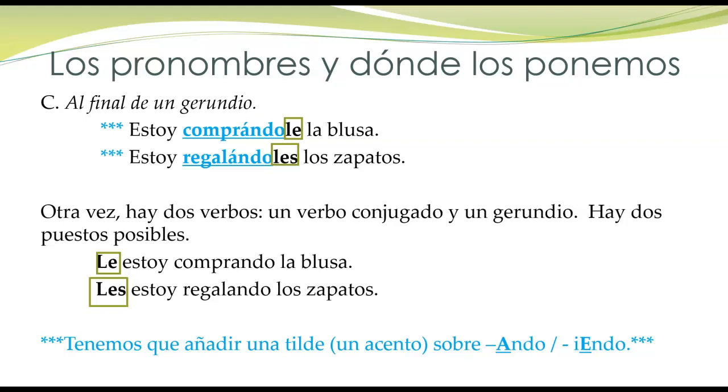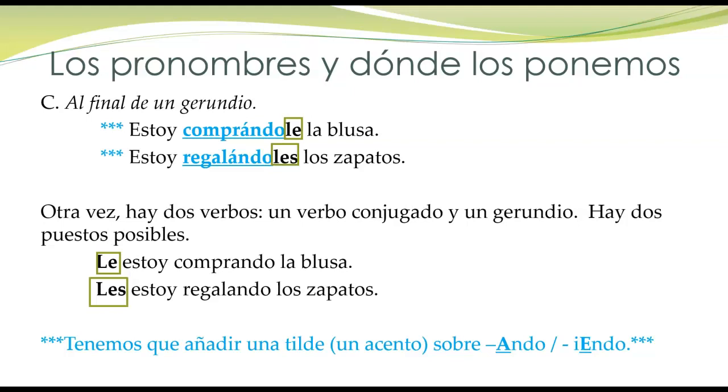Otra vez, hay dos verbos, un verbo conjugado y un gerundio. Hay dos puestos posibles. So just like the infinitives, we do have two verbs. We have our conjugated form of estar with the present progressive, or the present participle, I apologize, the gerund. So we could attach or put the pronoun out in front of our form of estar.